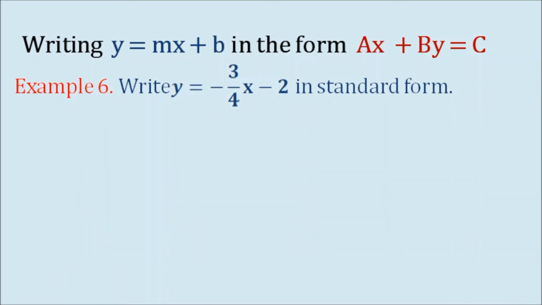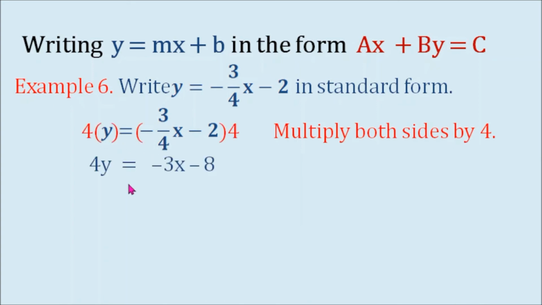Example number 6: write y = -3/4 x - 2 in standard form. Again, all terms with variables x and y should be on the left side. But first step here, we are going to get rid of the fraction. So to get rid of the fraction, we are going to multiply both sides of the equation by the denominator 4.